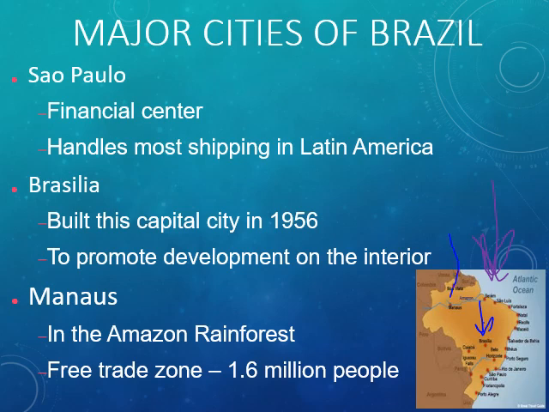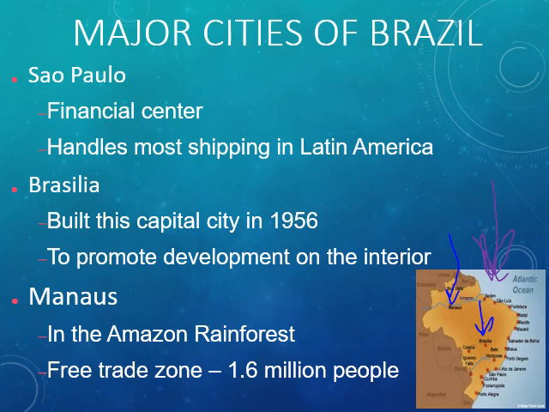Manaus is up here. It's on the Amazon River. It's a smaller city, but there are 1.6 million people living there, so it's close to the size of Minneapolis, and it's in the Amazon rainforest, and they really want to promote development there too. What they've done in Brazil is to create a free trade zone, where they basically say any company can come in here and work from here, and they will have no tariffs or taxes charged to them by Brazil if they want to send products away or build products here.